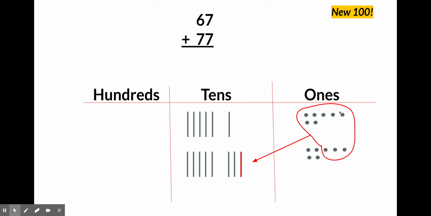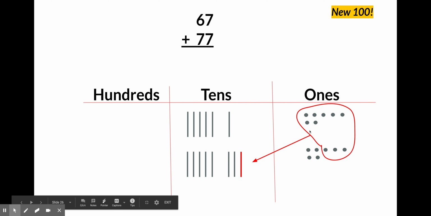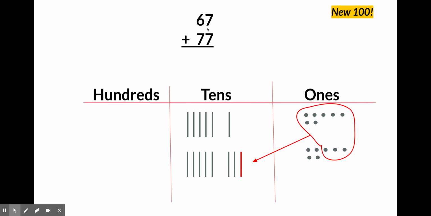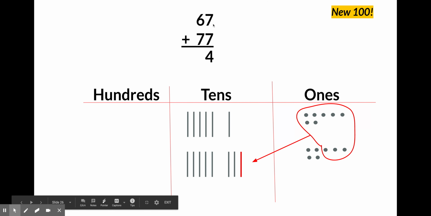This 10 ones becomes a 10. I'm going to regroup them, make them a new 10. Now I have 4 ones. So when I do that in my standard equation, it looks like this. There's my leftover 4 ones, and that 10 moved over where it belongs, right over here in the tens place.